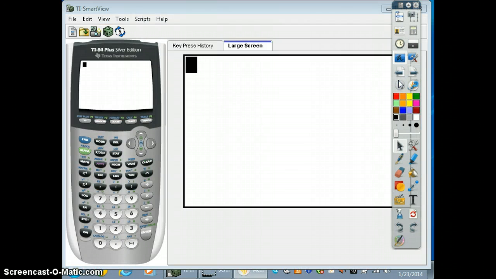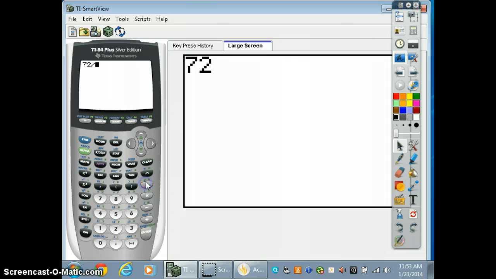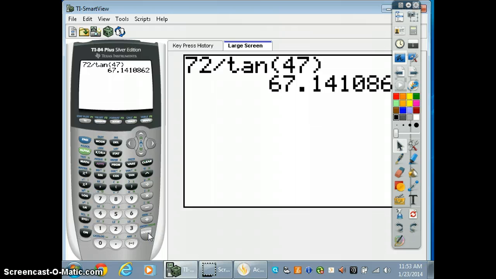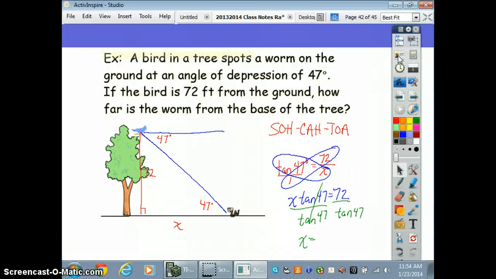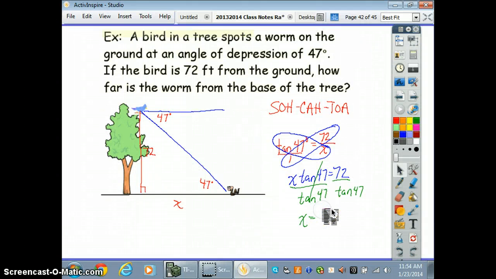Okay, that was 72 divided by the tangent of 47. And it says it's 67.1. So our x is 67.1 feet. That's how far the worm is from the tree.